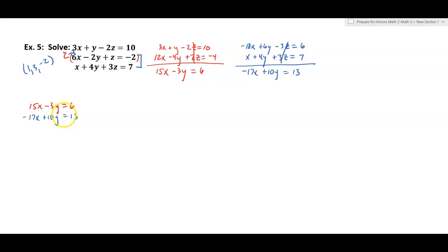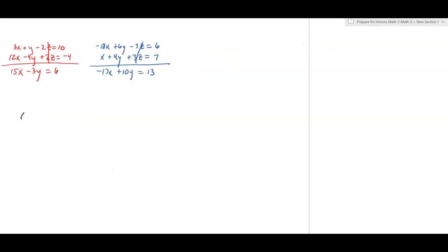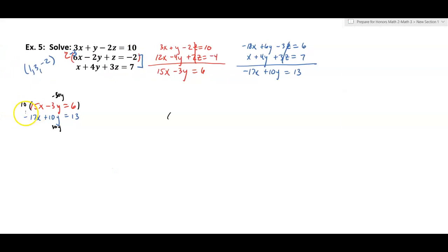I think it's easier right away to turn the y terms into a negative 30y and a positive 30y. I'm going to multiply this top equation by 10 and the bottom equation by 3. That would give me 150x minus 30y equals 60.